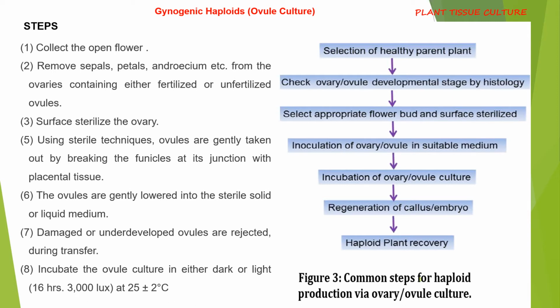The damaged or underdeveloped ovules are rejected during transfer. After inoculation, the tubes or cultures are maintained in optimized conditions for regeneration of plantlets by direct or indirect organogenesis.